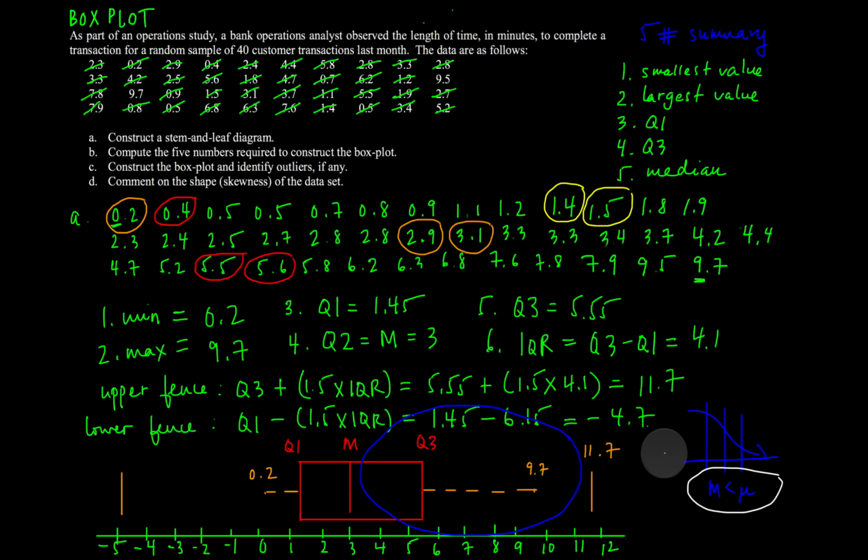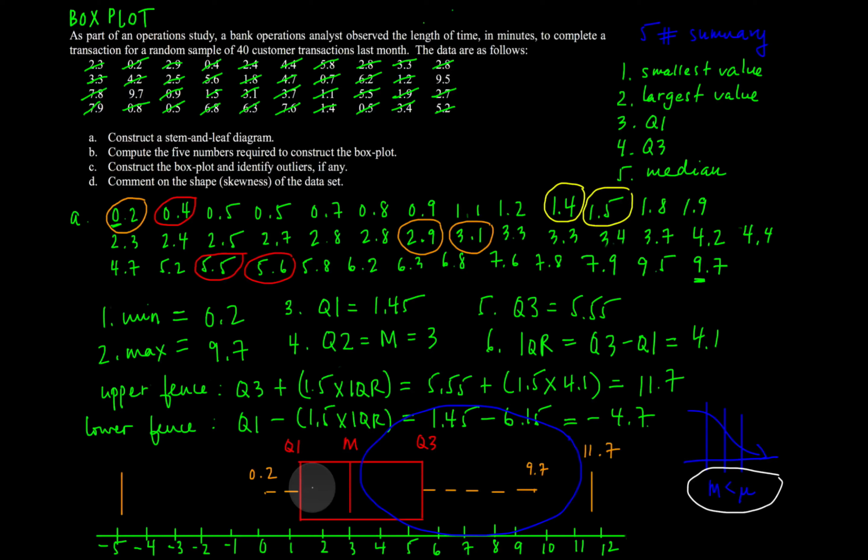If it was a perfectly distributed bell-shaped curve, we know that the mean equals the median. And what would you see in the box plot? You would see a perfectly even box plot. So the mean, the whiskers, and the quartiles, everything would be perfectly distributed.